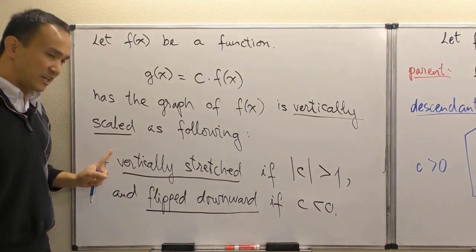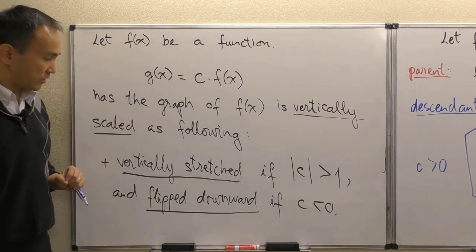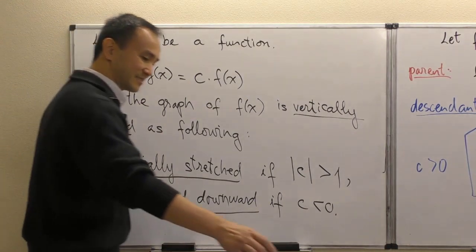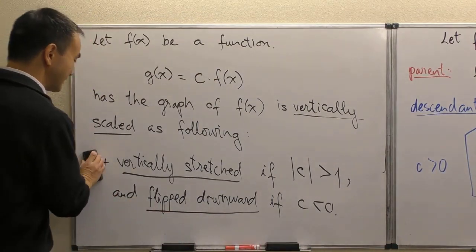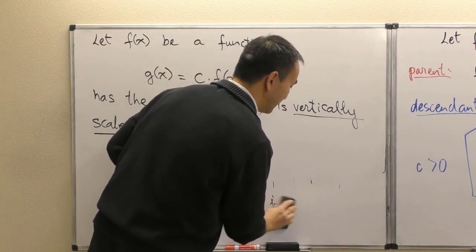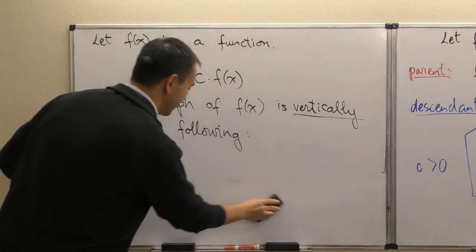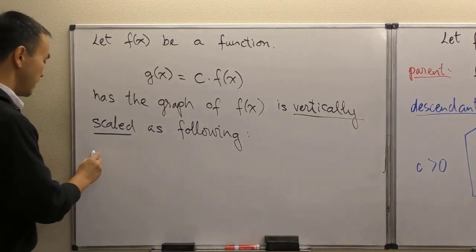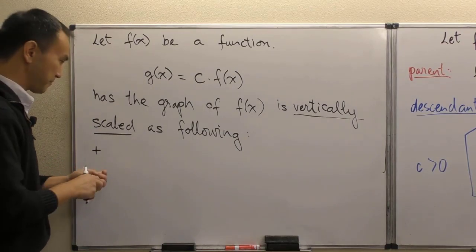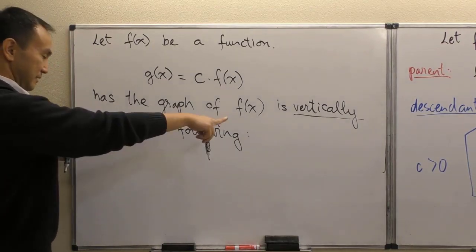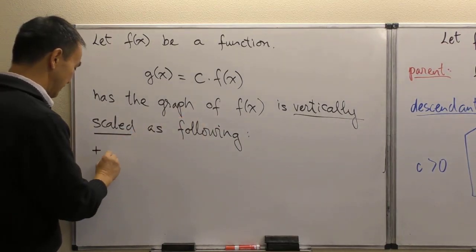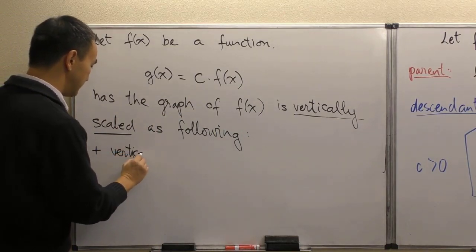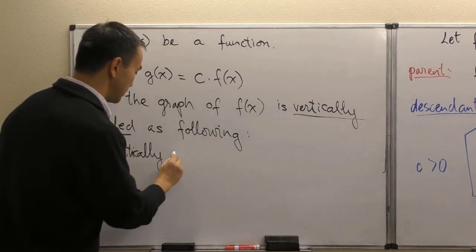So now I'm going to need to erase this and write the next setting right here. All right, and so now in another setting, it's going to be vertically compressed.